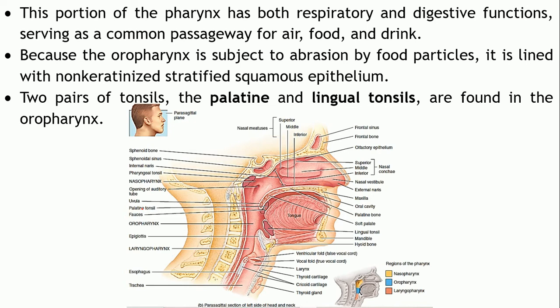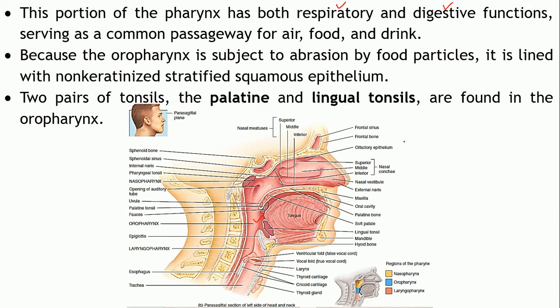Okay, now this particular part of the pharynx, that is the oropharynx. So this is the portion which belongs to both the systems, that is the respiratory system as well as the digestive system. So it has both the respiratory functions as well as digestive functions.